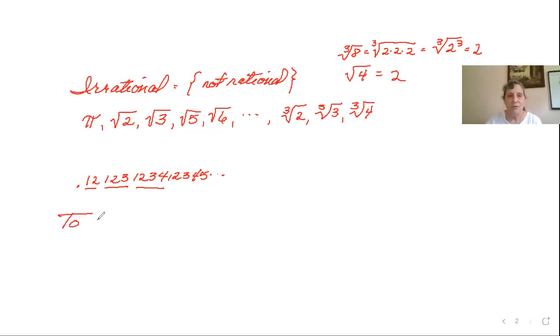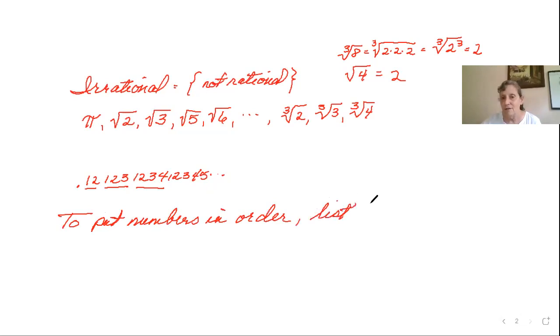If you need to put numbers in order to figure out which one is bigger, you want to list them all as decimals. It's much easier to turn radicals into decimals and fractions into decimals than turn them back into, say, fractions or something.